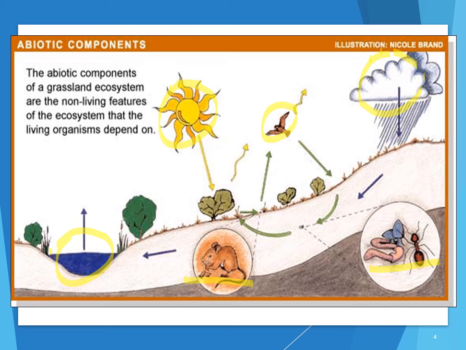Again, the pond, the water, the rain, the sun, all of these non-living factors that are interacting with the living factors, the biotic factors, which include our birds and our insects and our trees and our plants and that sort of thing. So an ecosystem is the connection, the link between these two factors.